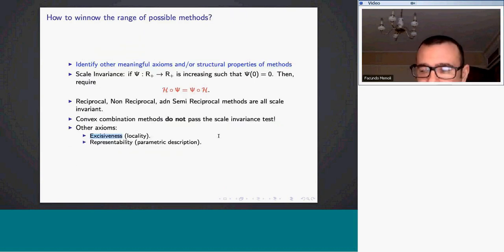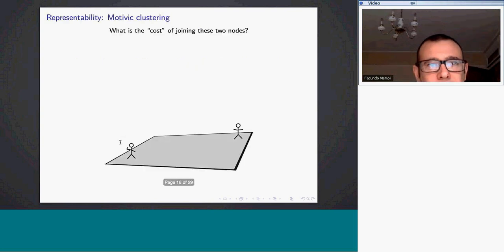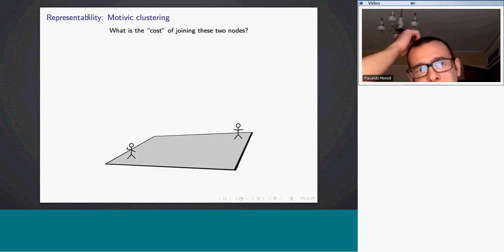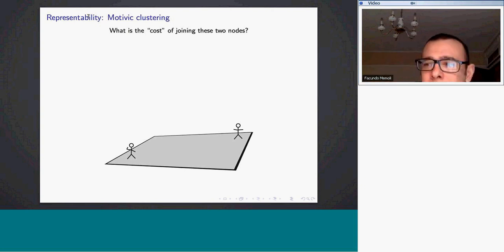The other property that we looked at is that we may have to represent the method in a metric way, and we got a representation suggesting methods with typical clustering.